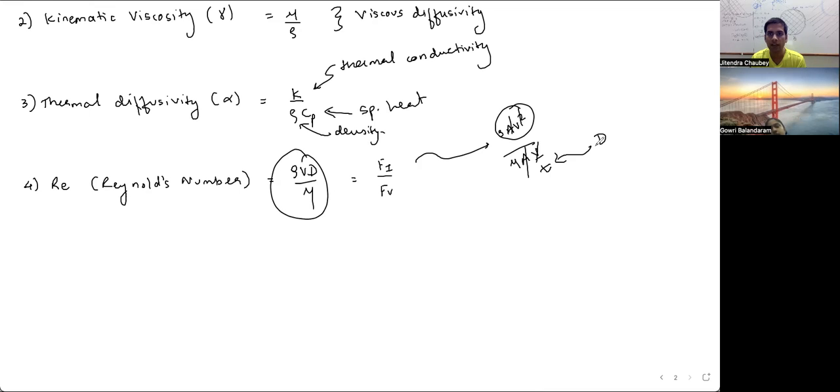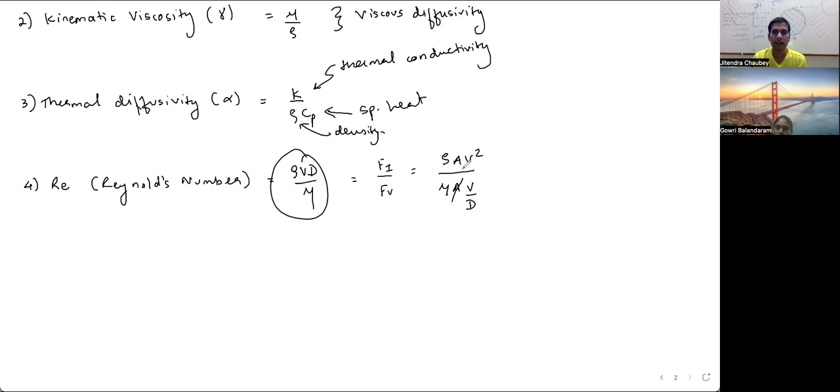See, rho V and D goes in the numerator by mu. So if I write it in a simpler manner, it would be rho A V square upon mu A V by D, where A gets cancelled out, V gets cancelled out, and the formula becomes rho V D by mu. Okay. Reynolds number has terminology called density, velocity, diameter, and dynamic viscosity.